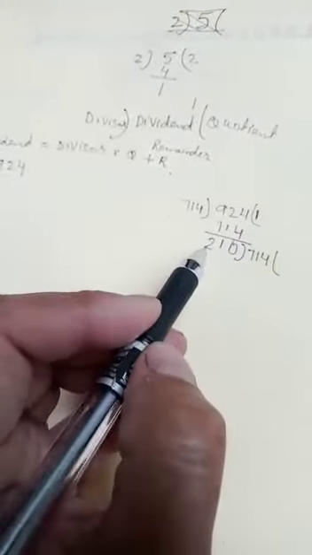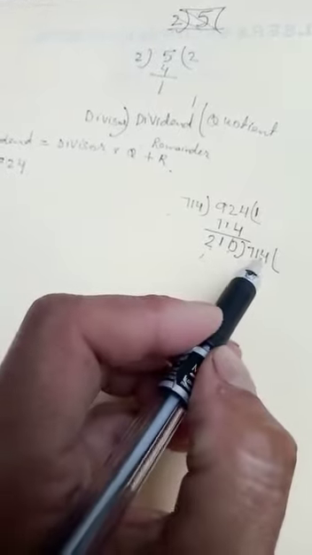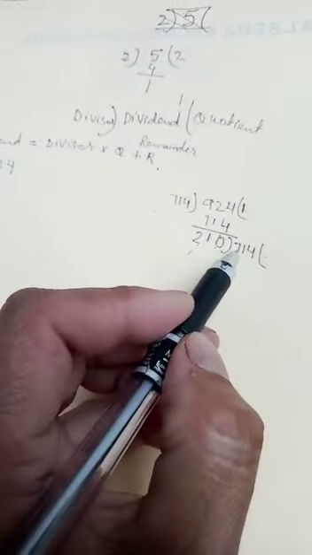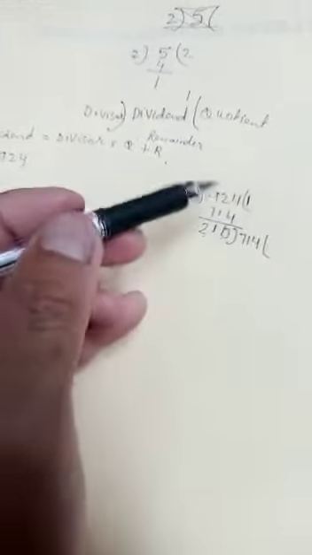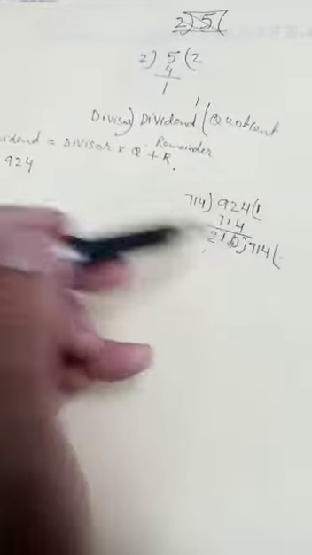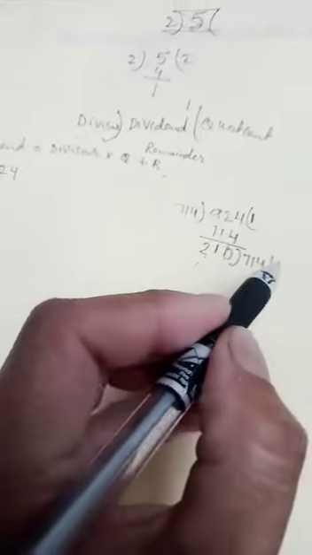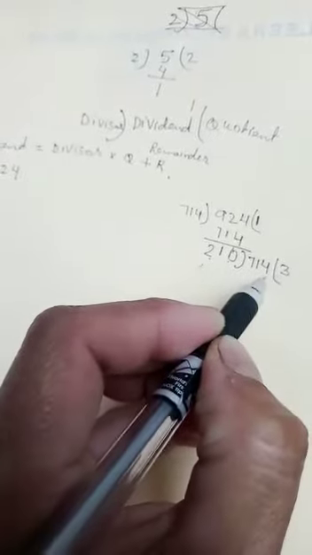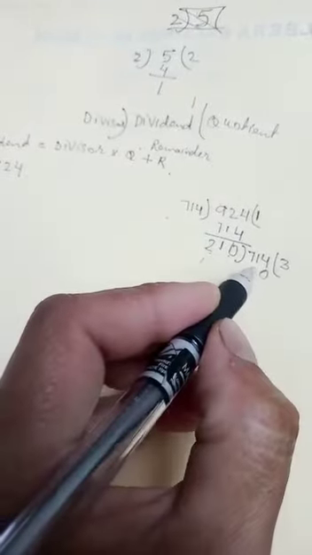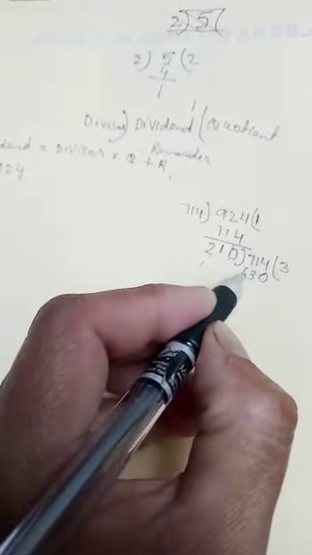Then here again you have to go 210 into what number will be near to 714. If you go with 1, still less, with 2 still less. Let us try with 3. 3 0s are 0, 3 1s are 3, 3 2s are 6.